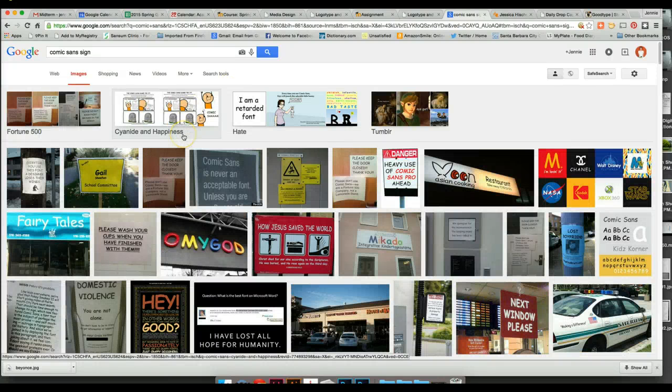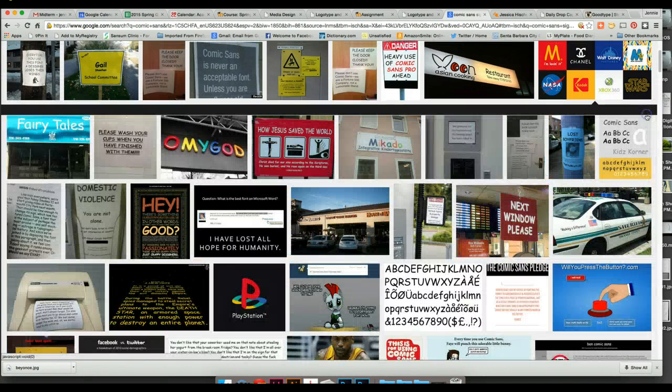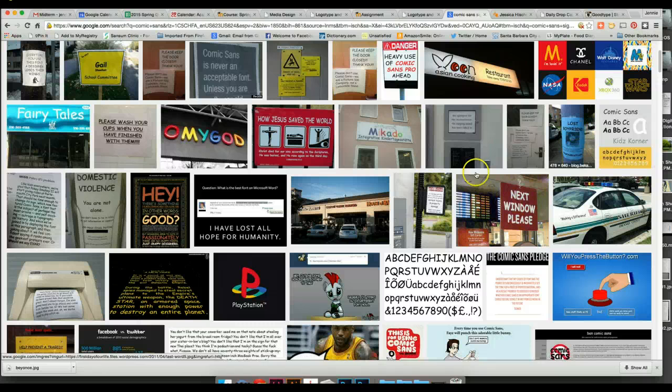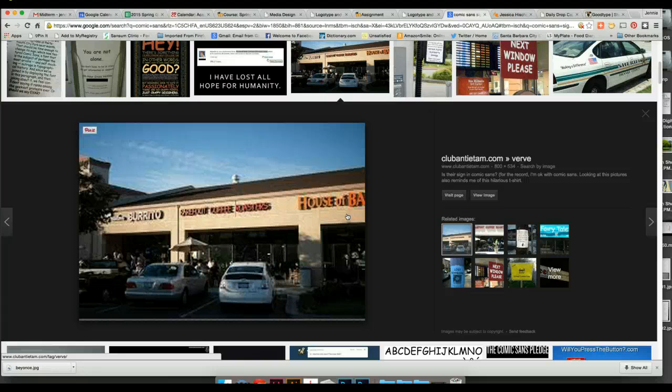Look at all those logos. Those are hilarious. What if everything was made with Comic Sans? Right. It's just everywhere. As you start to play around with more type, you'll start to see and recognize it.